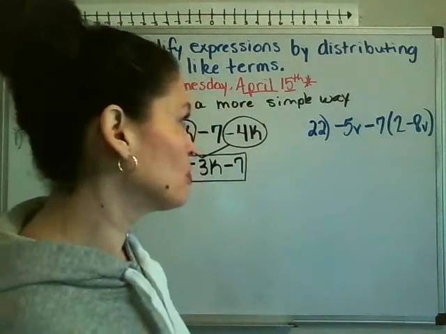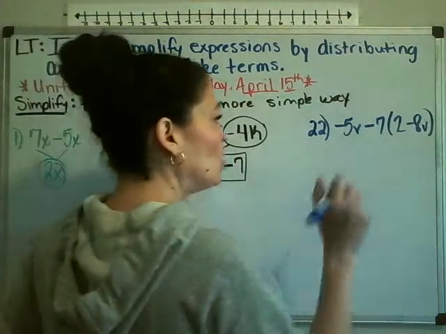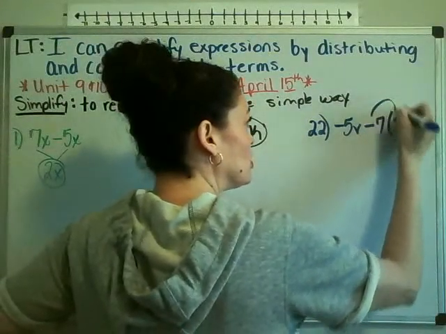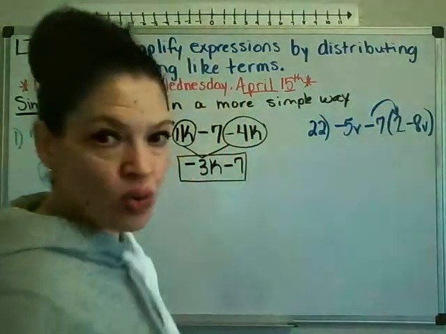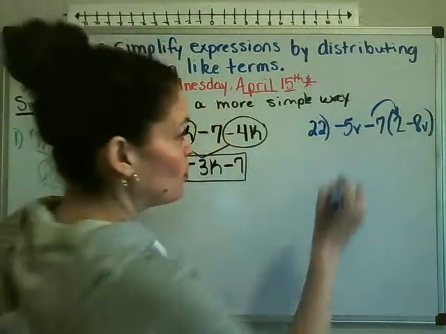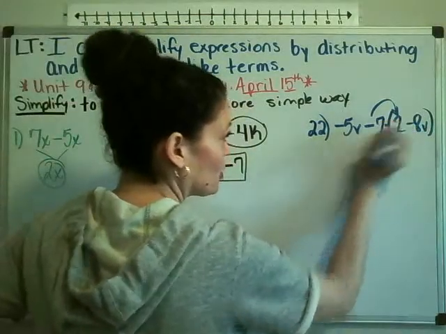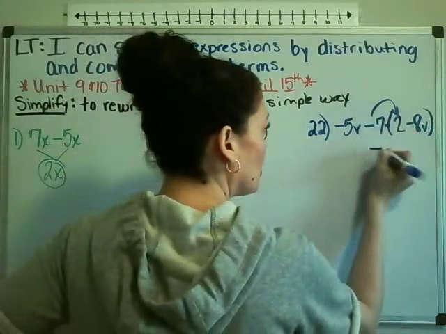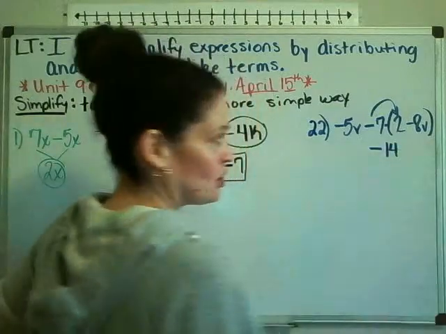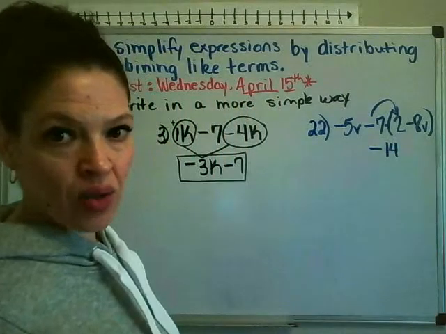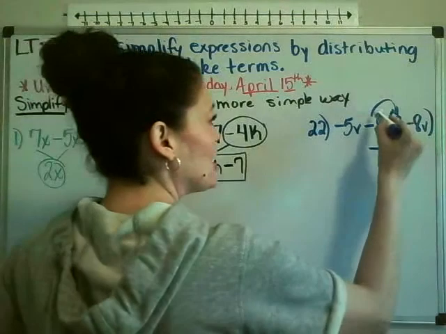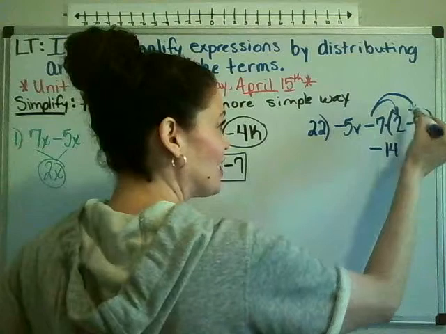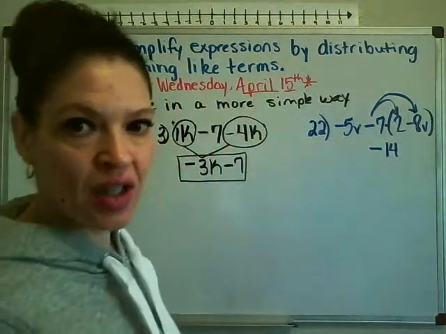Here we go. Okay. So what is negative 7 times 2? Remember, there's invisible multiplication dot right there. Okay. Negative 7 times 2 is a negative 14. Now, what is negative 7 times negative 8v?